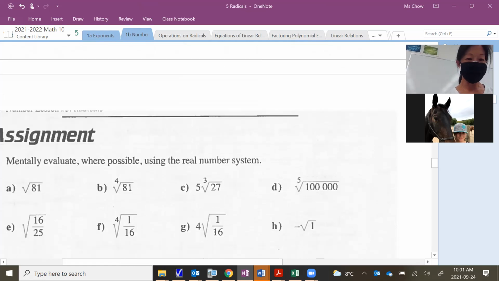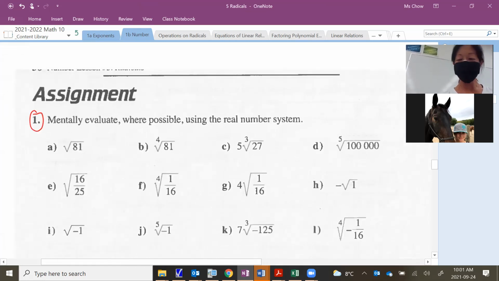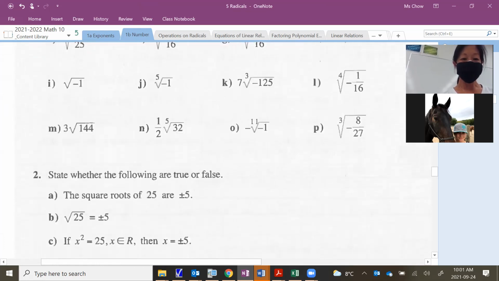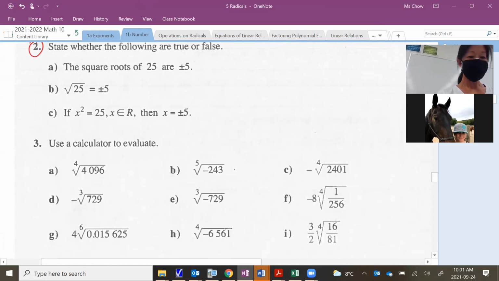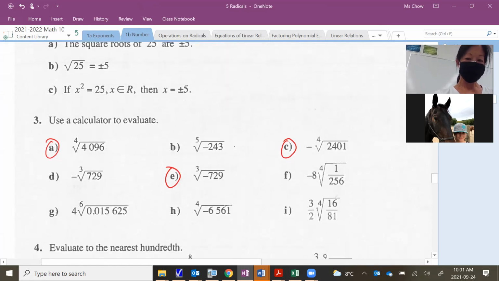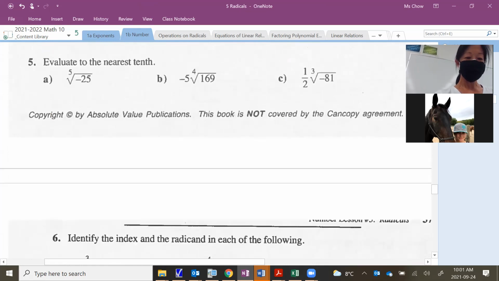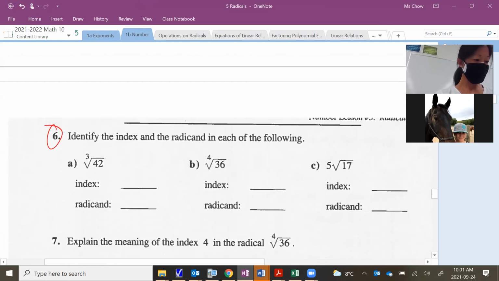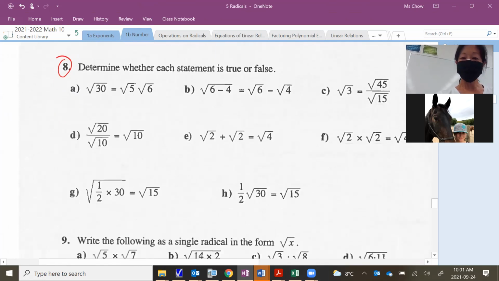Numbers, here we go. 1, all of 1. I'm crazy. 2. 3, using your calculator, is A, C, and E. 6, and A is quick.